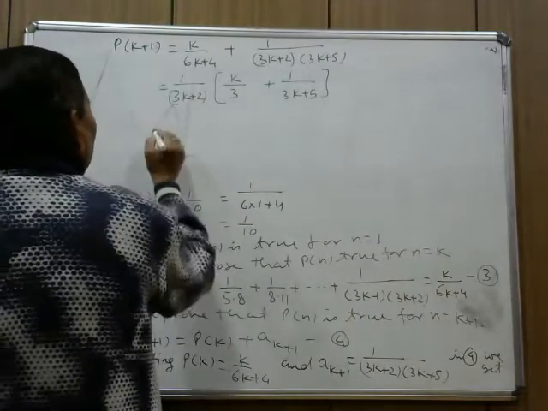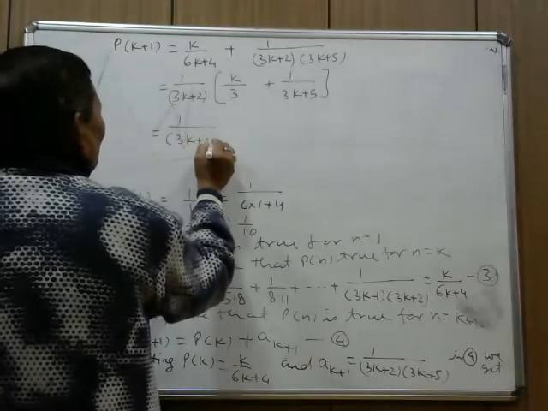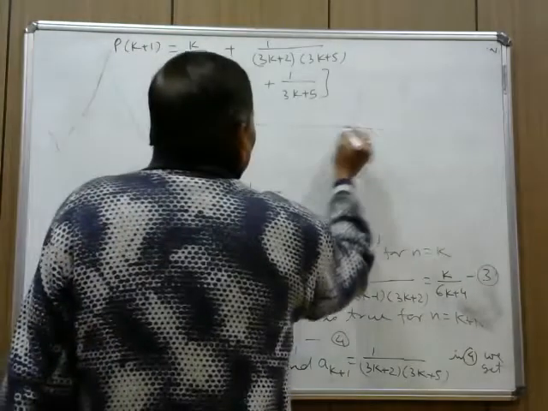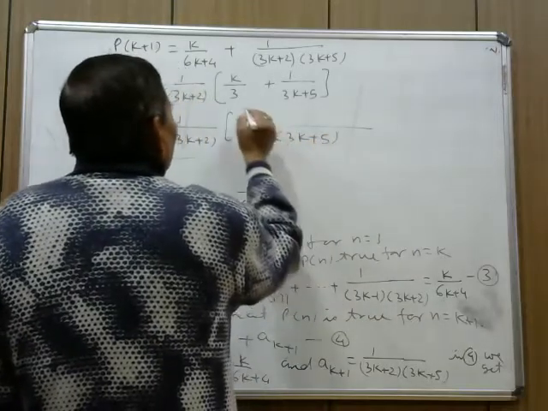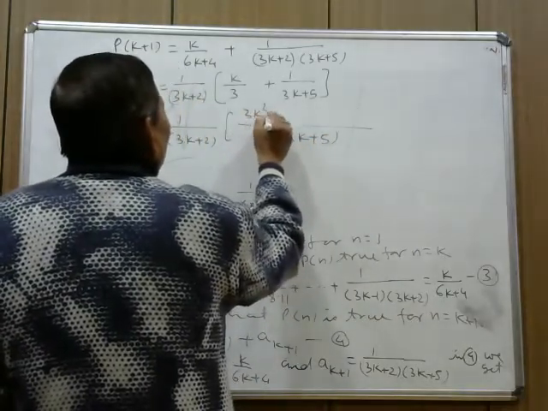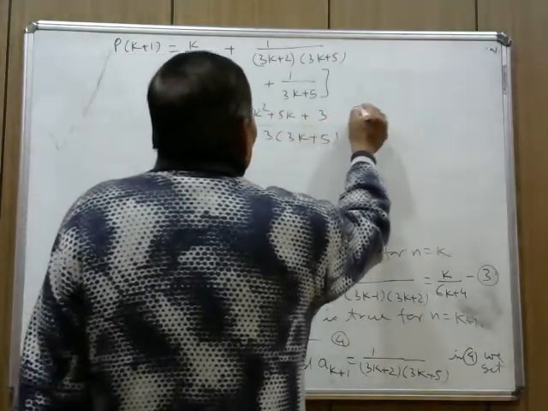So you can write that equal to 1 upon 3k plus 2. Your LCM is 3 into 3k plus 5. Here 3k square plus 5k plus 3.